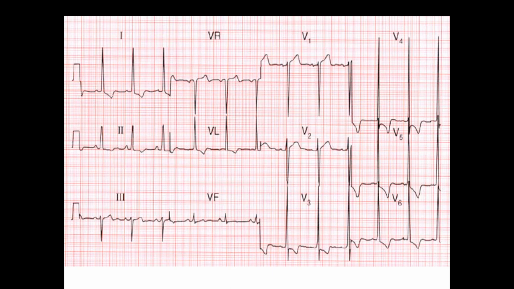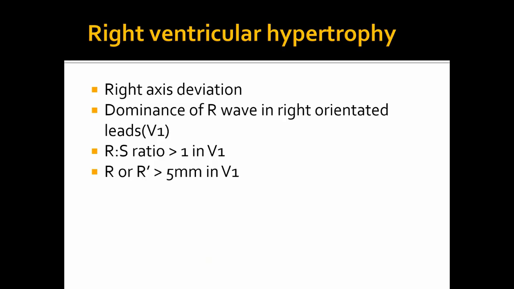Right ventricular hypertrophy: if there's right axis deviation, there's usually a dominant R wave in V1, and in lead V1, R is more than S wave, and R wave in lead V1 is more than 5 mm. So these constitute the criteria for right ventricular hypertrophy.